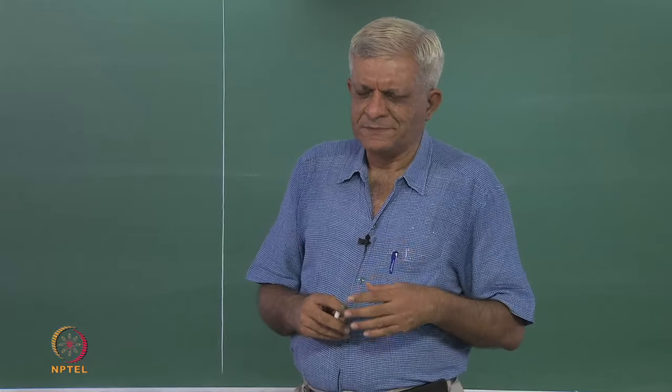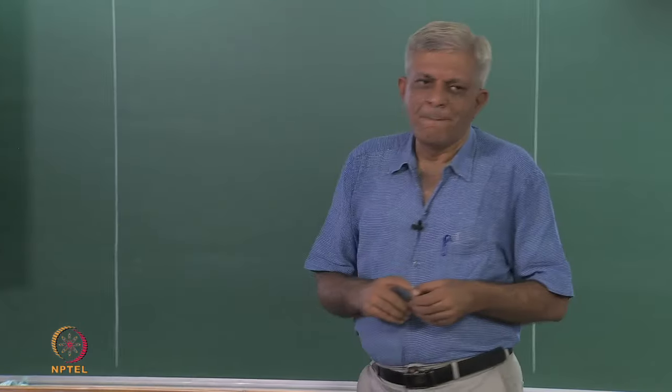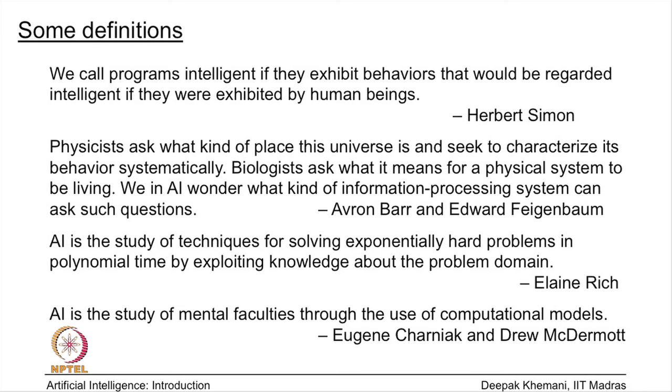But before we do that, let us just look at the classical definitions that people have given for this field of artificial intelligence. So, let us see first what Herbert Simon has to say. Herbert Simon was one of the founding persons in this area of AI, starting in the 1950s.